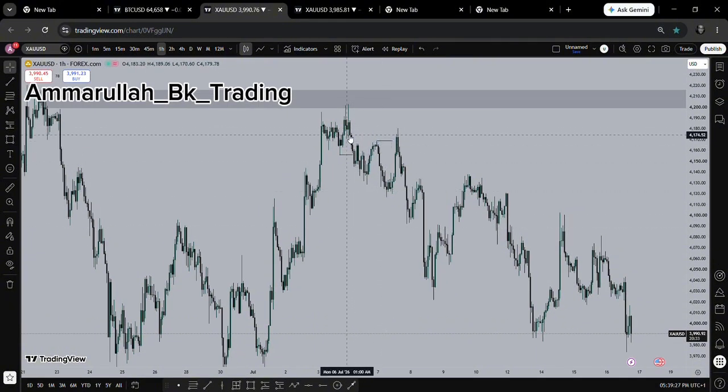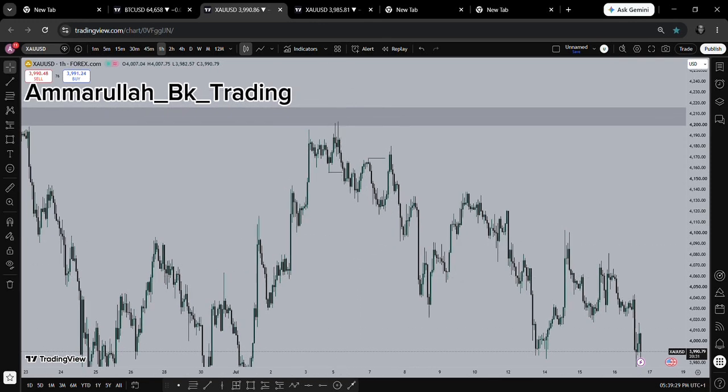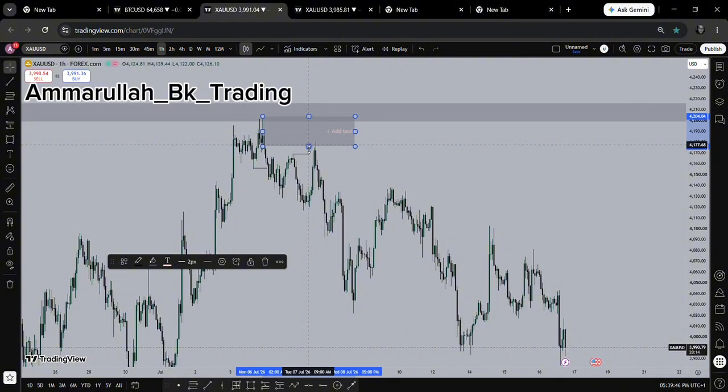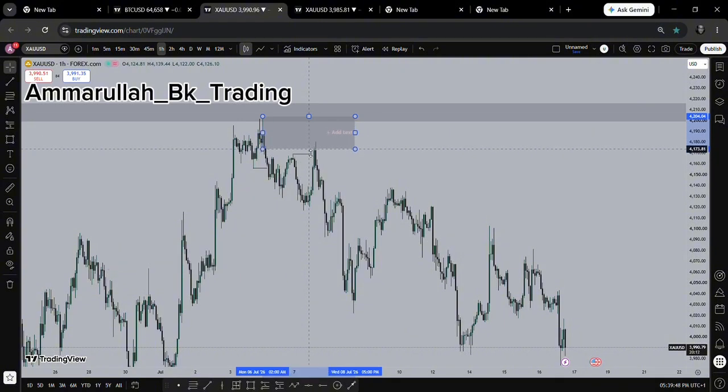Then after the inducement level, at the top of it, that is where you find your entry level, right? So what do we have here? We have this particular order block, this last candle that tapped this place, the tallest one. That's your order block. That is where the first entry should be.